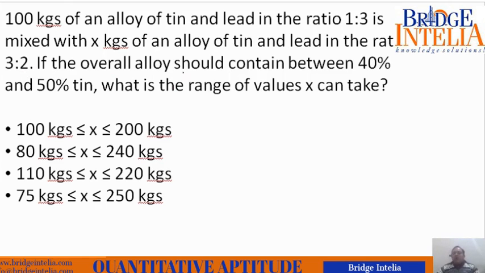If the overall alloy should contain between 40% and 50% tin, what is the range of values X can take? What is the meaning of this question? So you have two types of alloy. One alloy is 100 kgs in which the ratio of tin and lead is 1:3.